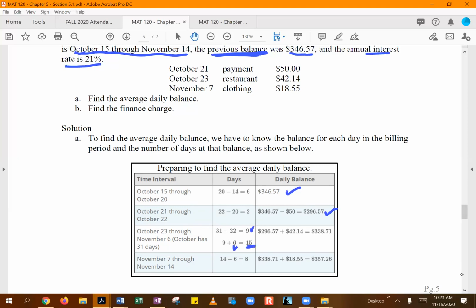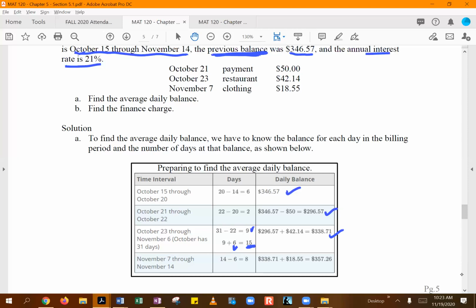You had the $296.57 balance from October 22nd. Then we made a charge of $42.14, so our new balance goes up to $338.71. On November 7th, we made another purchase of $18.55 for clothing.